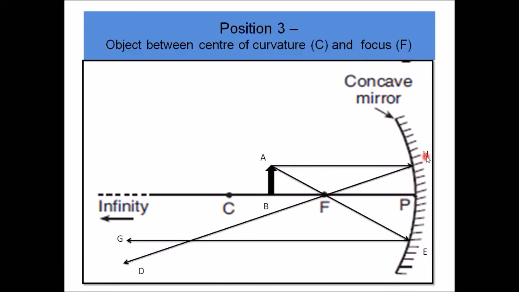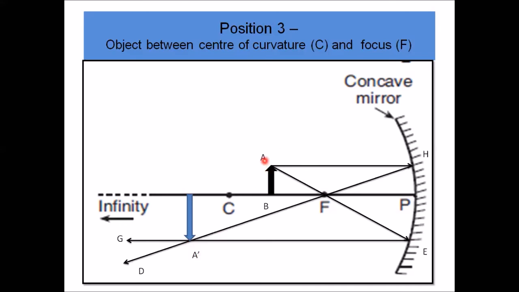Here we can see we have two reflected rays, HD and EG. They both intersect at one point, and at that point only the image will be forming. Let us name this point A dash. Why?